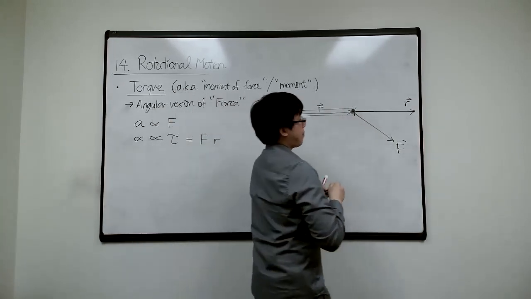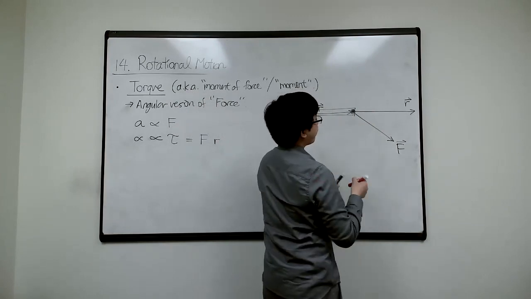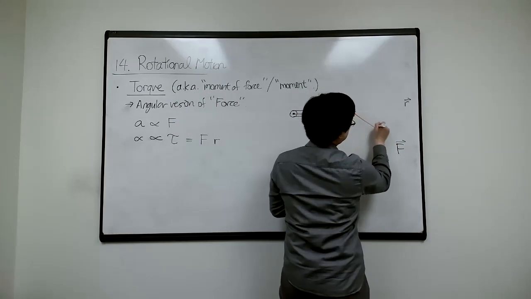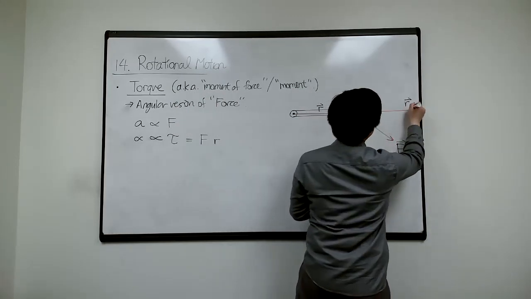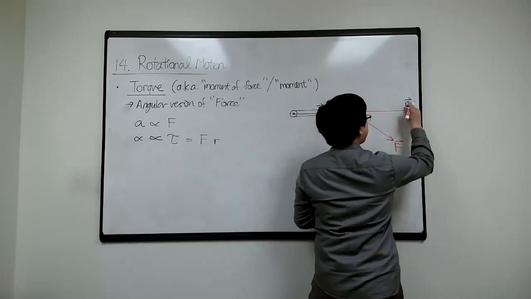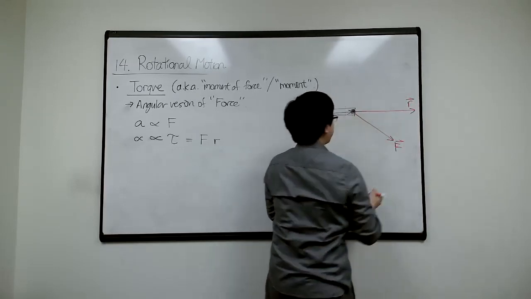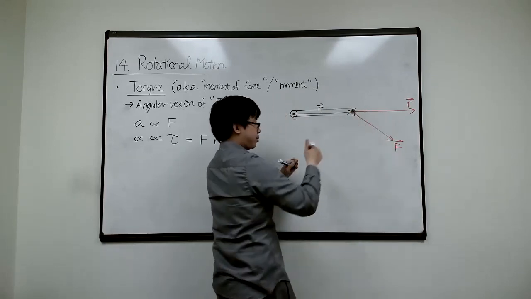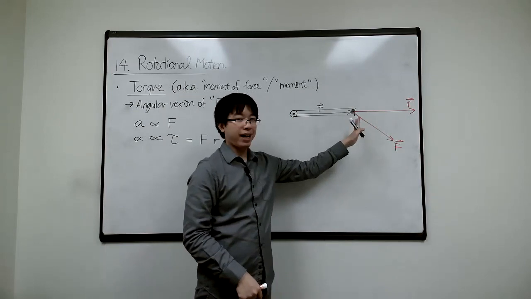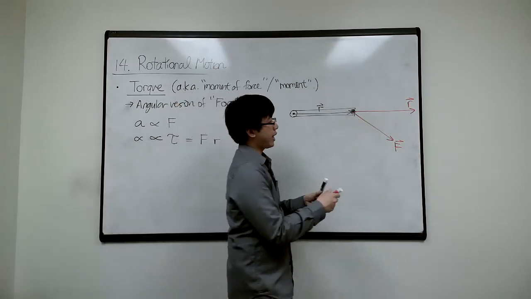And at the same time, I'm going to resolve the F. Let me make these red because I'm most interested in these two. So this is F, and this is the R vector. I'm putting them together. This is the general rule to deal with vectors: whenever you want to add, subtract, whatever, put them together at the same starting point before you start doing anything.